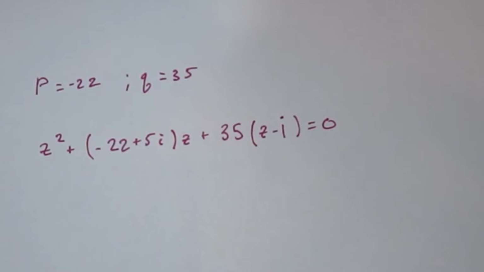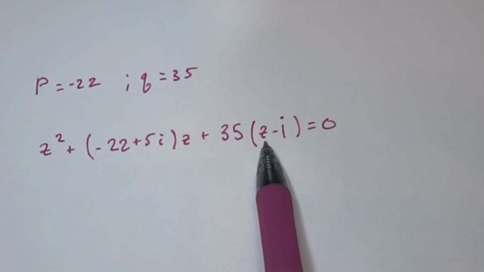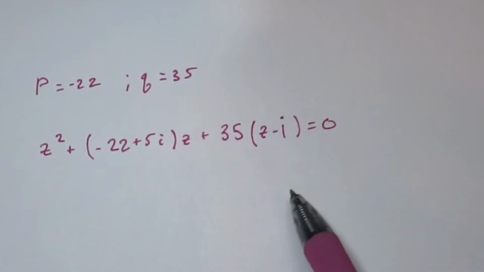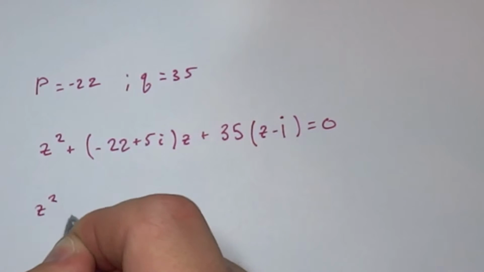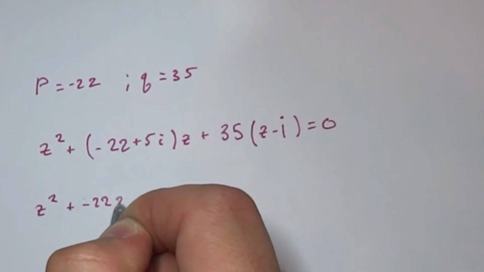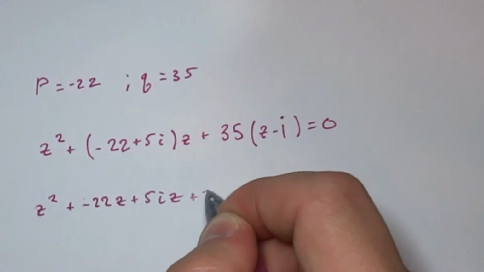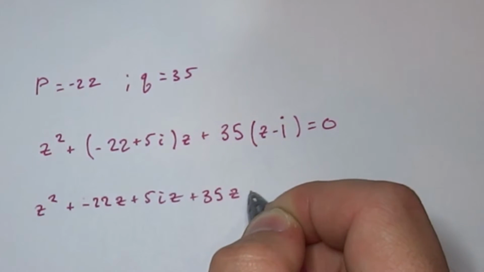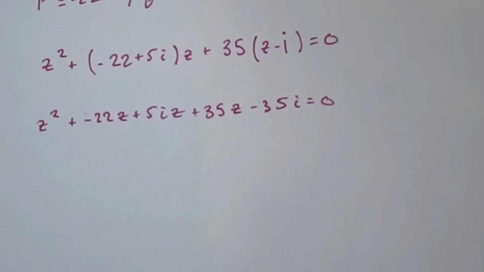Okay. So now, what type of equation does this look like? Well, it looks like it's almost a quadratic, right? We have a z squared, a z, and if this z wasn't here, we would just have a constant, right? So let's expand what we have. I can write z squared plus negative 22z plus 5iz plus 35z minus 35i equals 0.